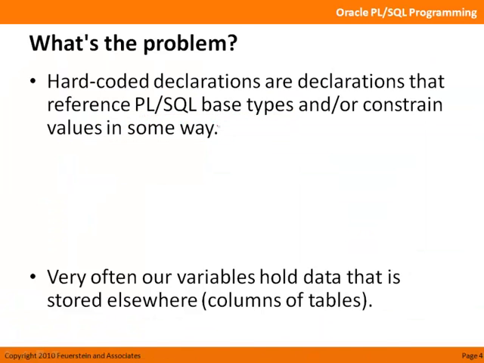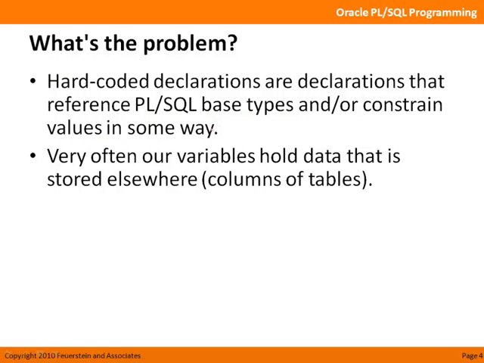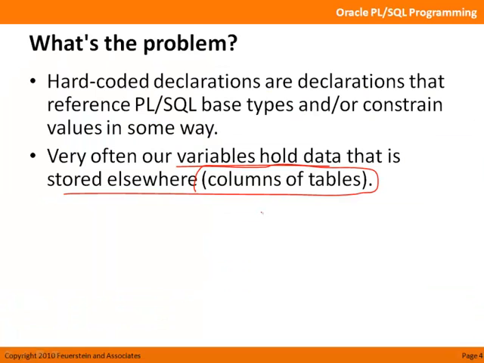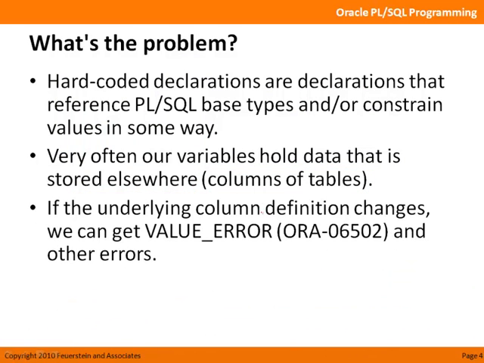Why might they be a problem? Well, very often, our variables hold data that is stored somewhere else, most usually in tables. We're querying data out of tables and into variables. If I hardcode my declaration type, then if the underlying column definition changes, I could get a value error exception, a -6502, or some other kinds of errors.